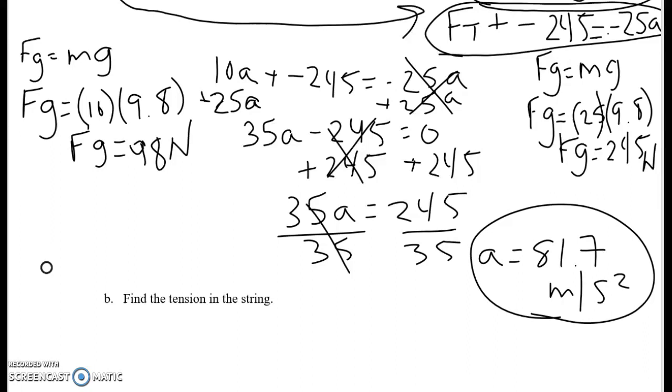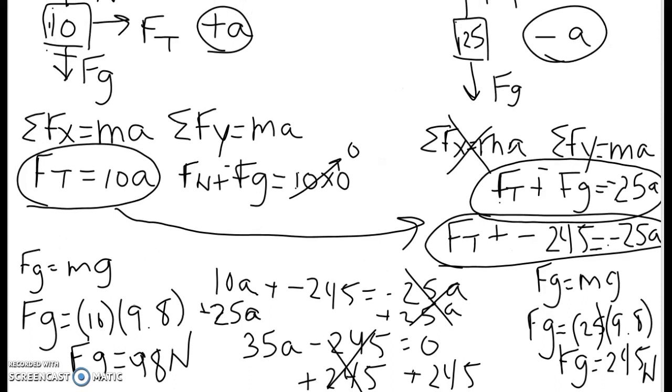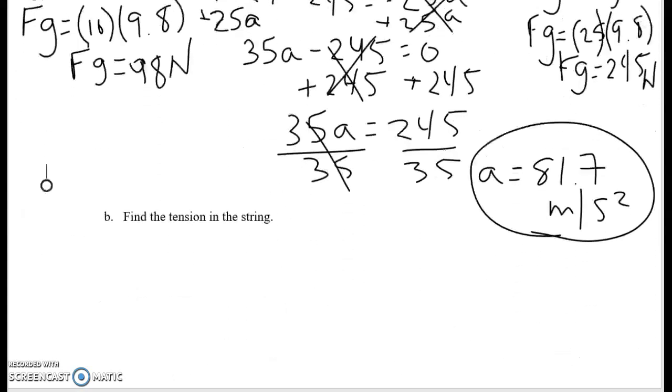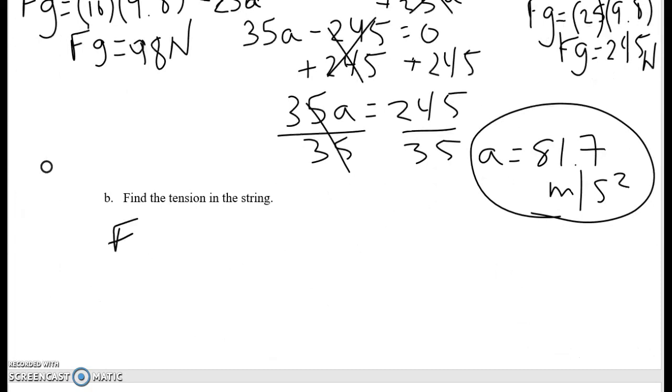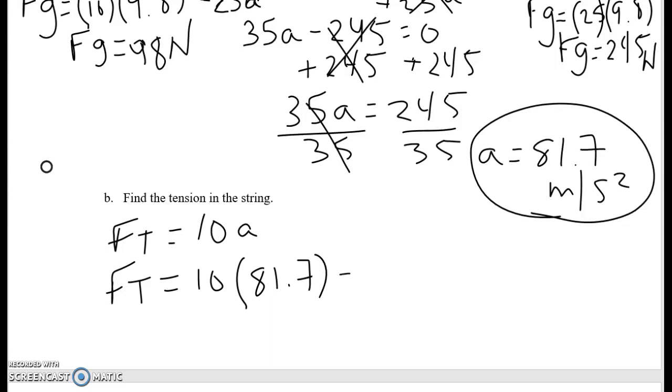So I'm going to pick the easiest equation, which is the one on the left, force of tension equals 10a. And I'm going to plug in my acceleration. I'm plugging it back in and solving for tension. I'm going to multiply my two numbers. So my tension is 817 newtons.